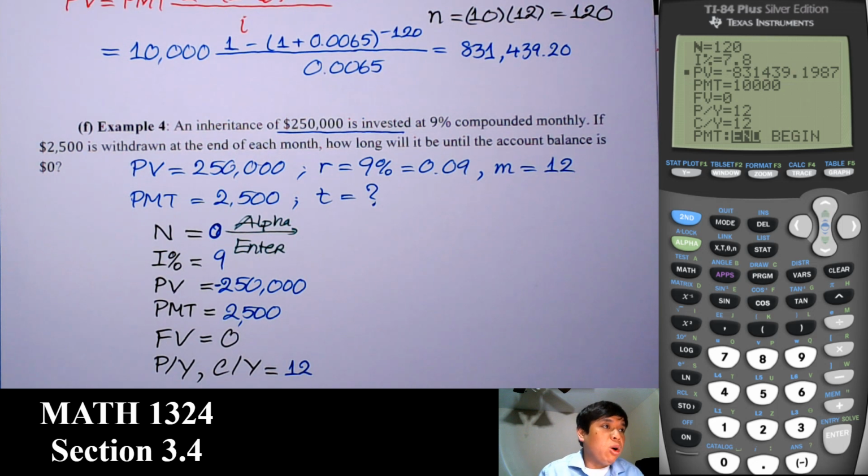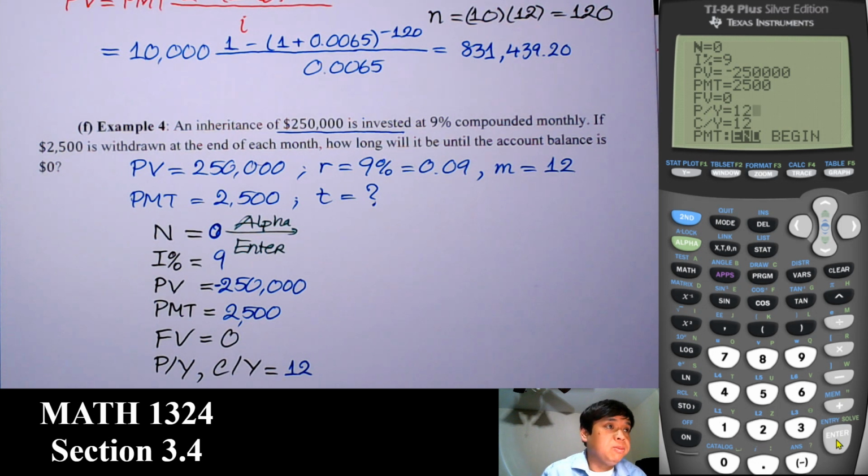Right, so we don't know what n is. We know the rate is 9%. Present value, we invest $250,000 and we get back 2,500. Future value 0. Payments per year, we have 12.